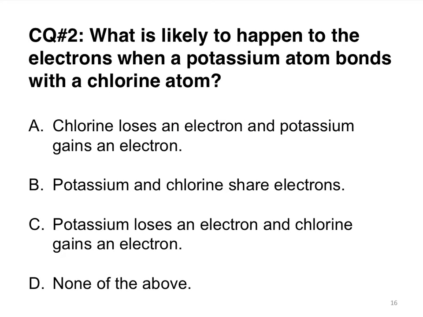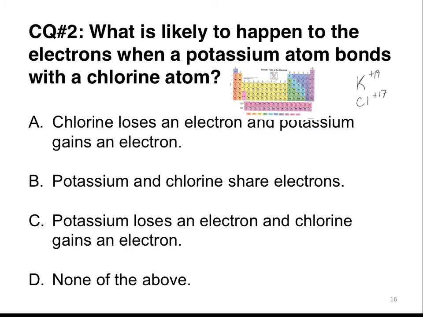All right, so here we have another question. What is likely to happen to the electrons when a potassium atom bonds with a chlorine atom? You should be able to quickly run through this with a periodic table at hand. So if we take a look at our periodic table here, potassium is a +19, chlorine is a +17.